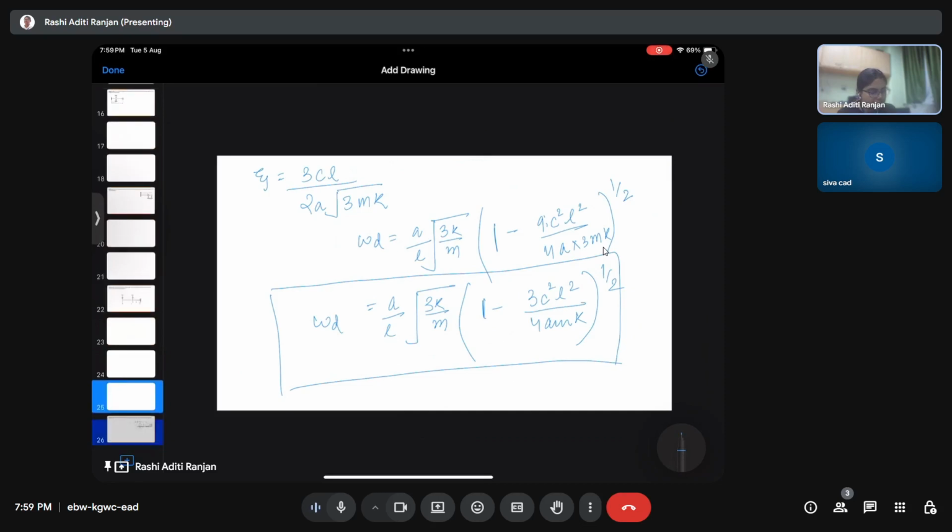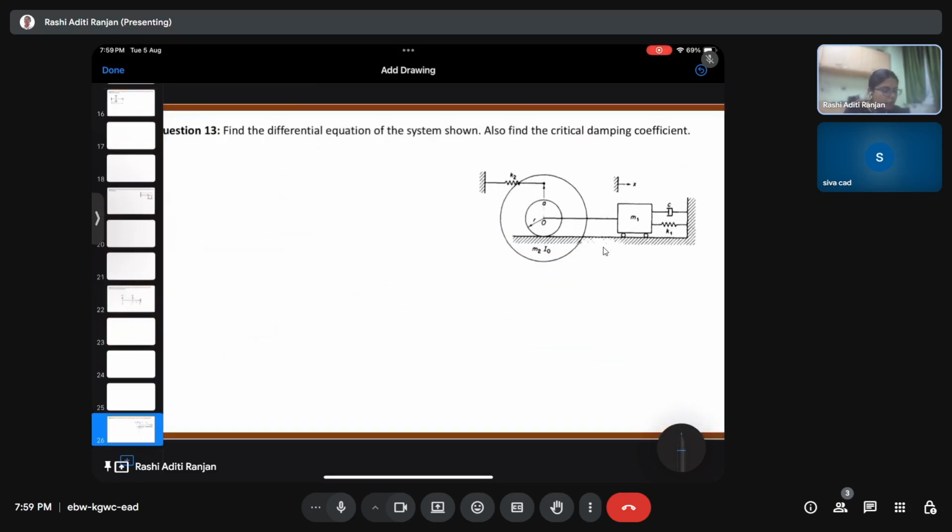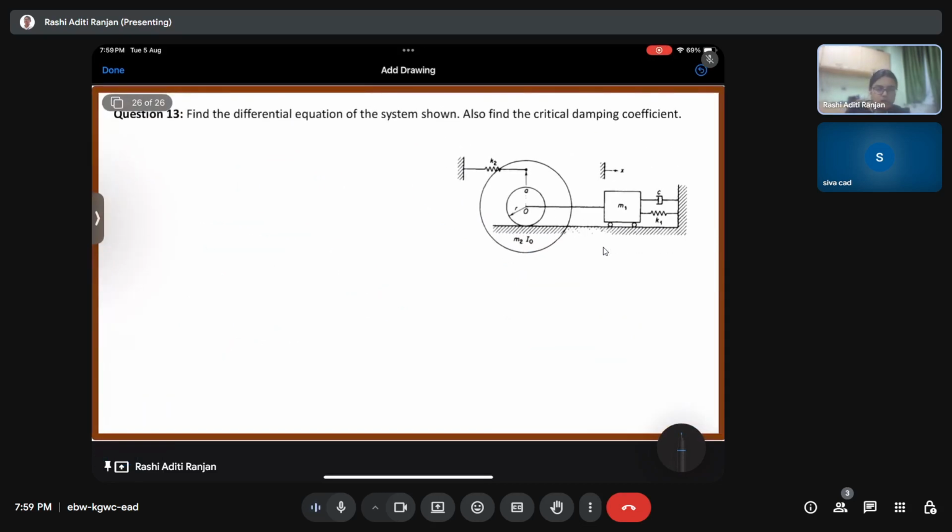Now I'll discuss briefly this question as well, although I hope that you people now will be able to solve this question. See, again, we have a mass which is connected to the reference by a spring and a dashpot. Then this mass is basically connected to a pulley, and that pulley is again connected to the reference through a spring with a stiffness K2.